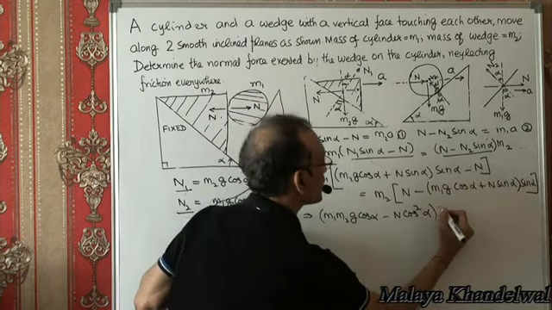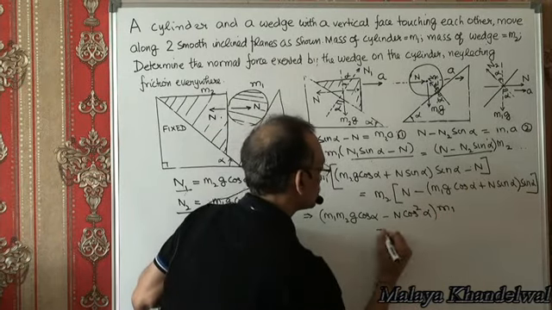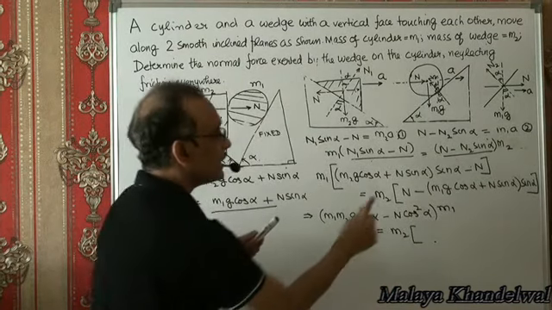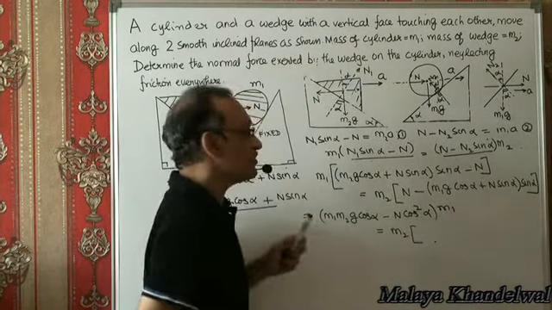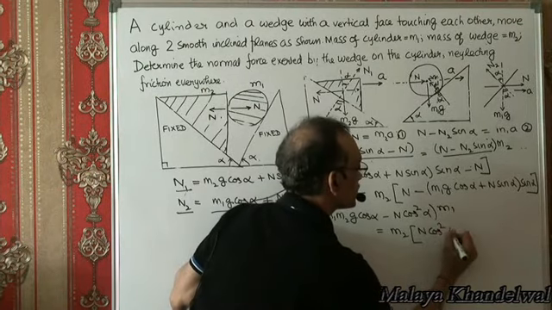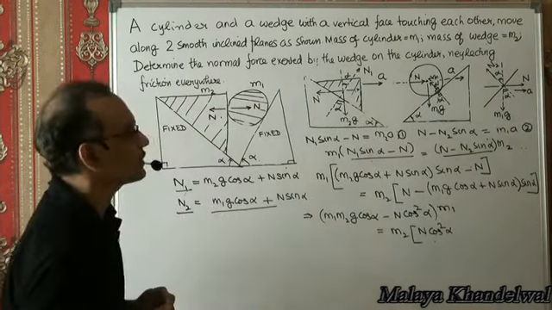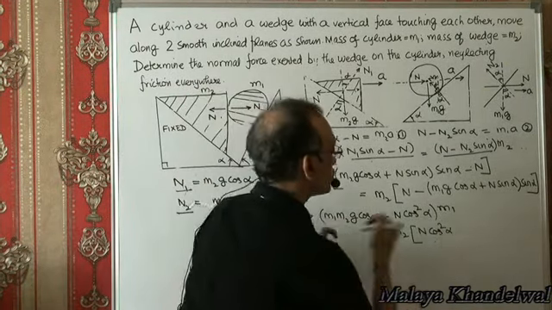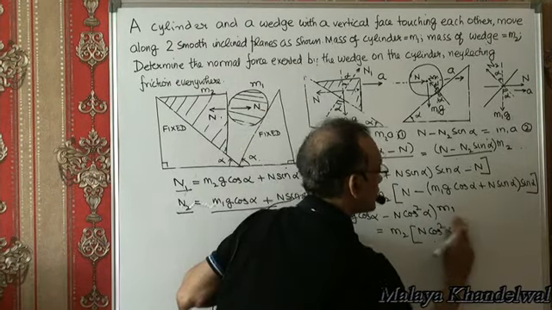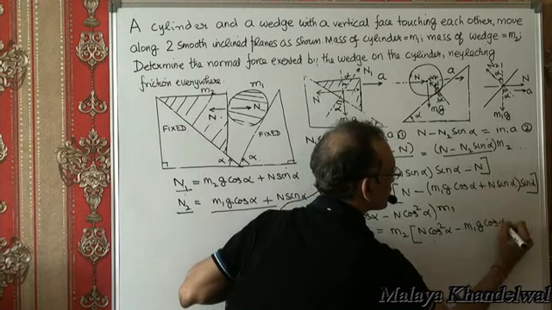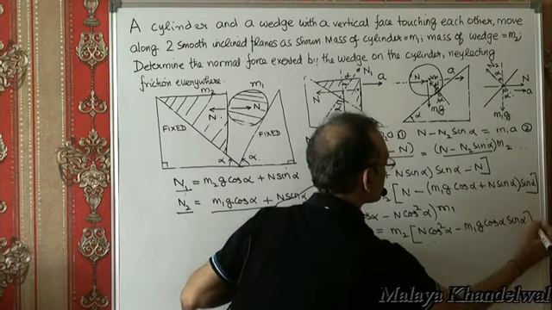So minus cos square alpha into m1 equals m2 into n into 1 minus sin square alpha, which would be n cos square alpha again. And then, of course, I have minus m1g cos alpha sin alpha. Right? This is what I have.